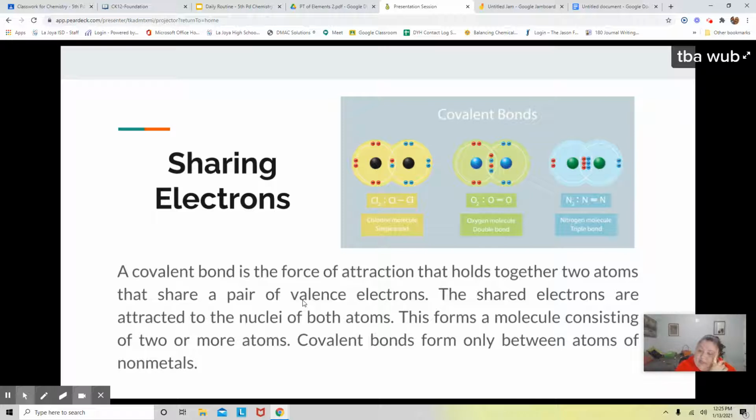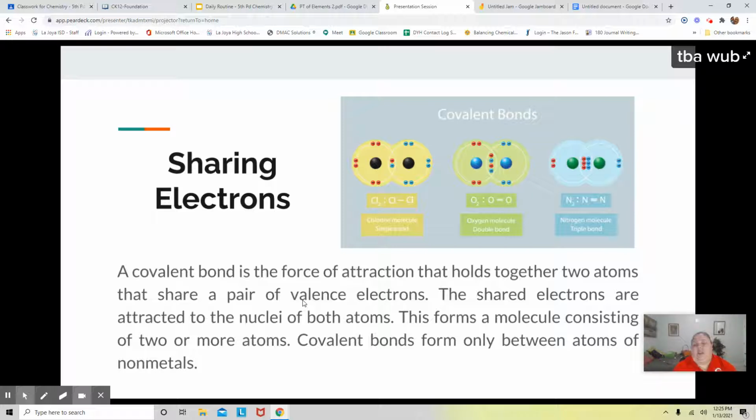And it says here, a covalent bond is the force of attraction that holds together two atoms that share a pair of valence electrons. Those shared electrons are attracted to the nuclei of both atoms.